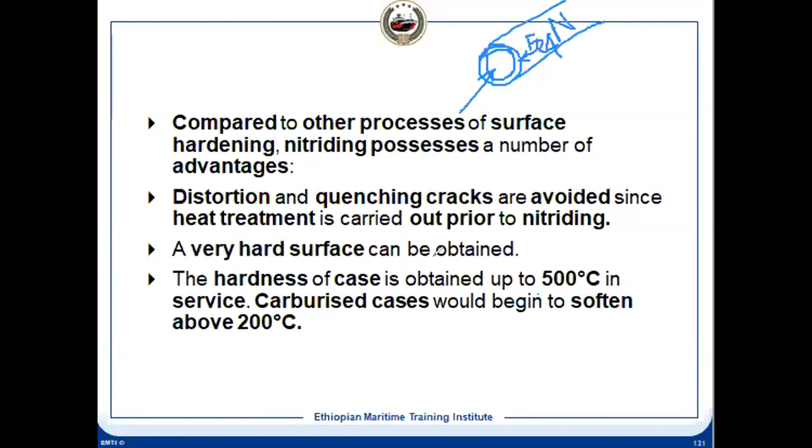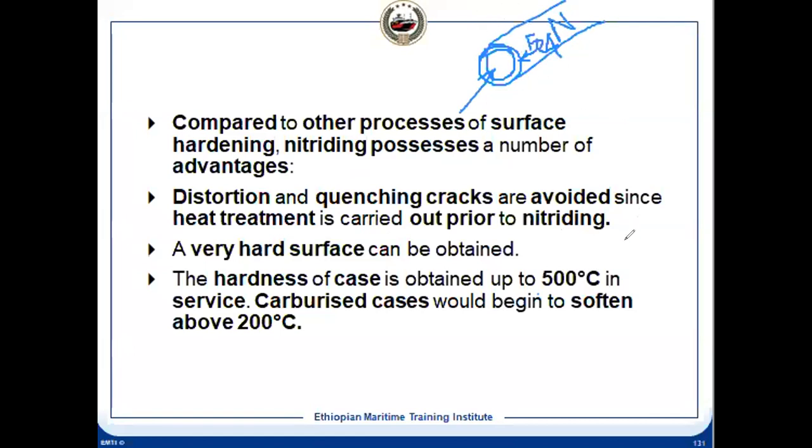Then the surface is hard, and this holds up to 500 degrees centigrade in service. It means that after nitriding, if our metal is working at this temperature, the hardness will still be there, because as the temperature increases, your metal normally becomes soft.